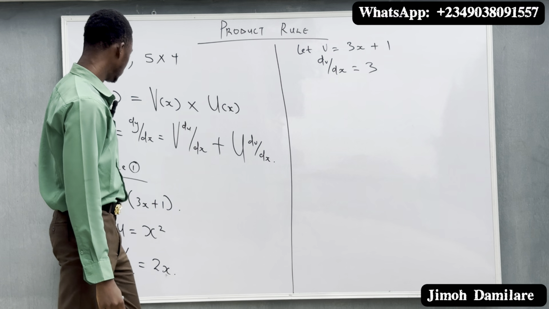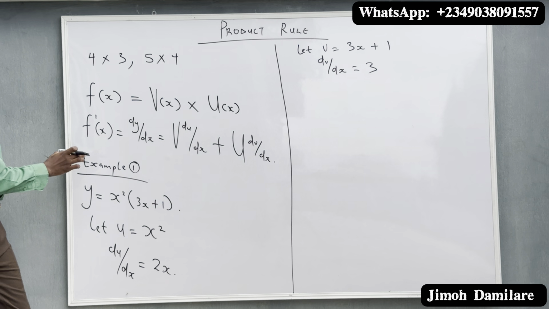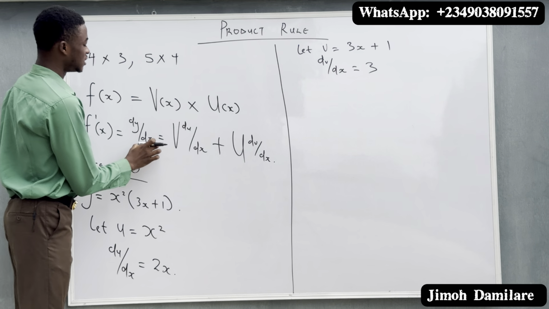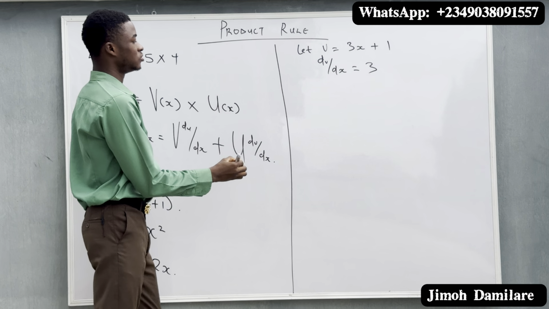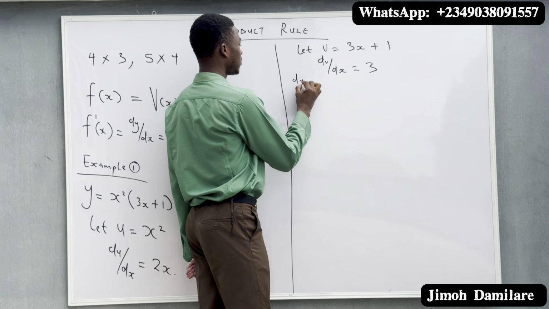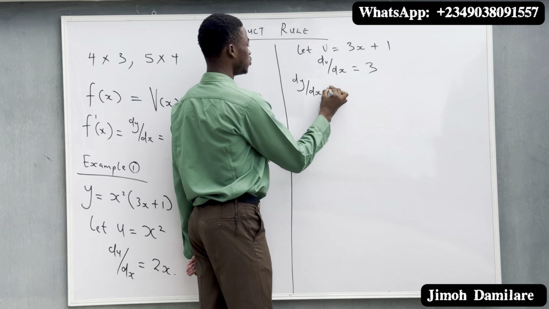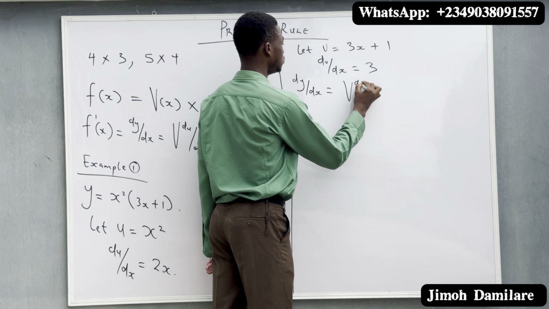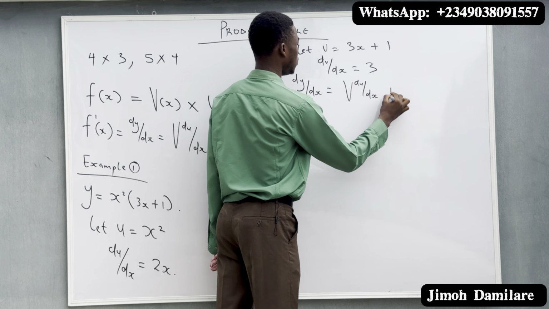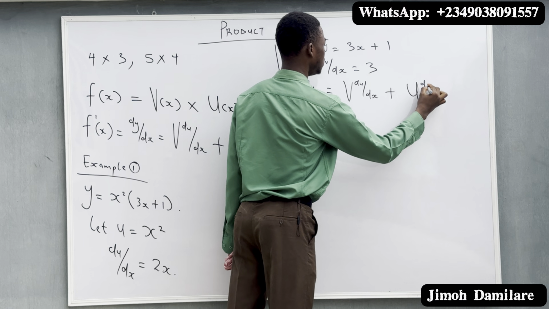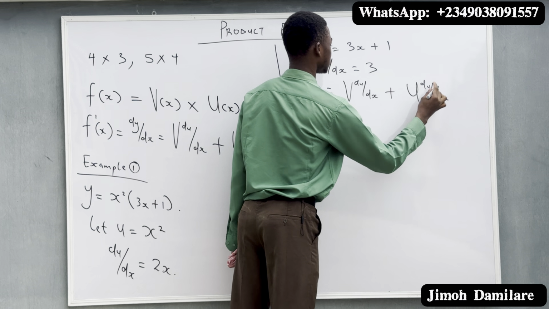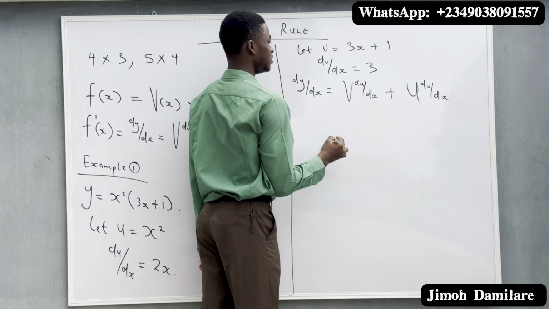So now that we are done with this, we can then use our formula for the product rule method, which is given as dy over dx is equal to v du over dx plus u dv over dx.